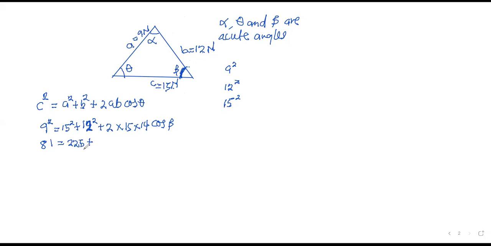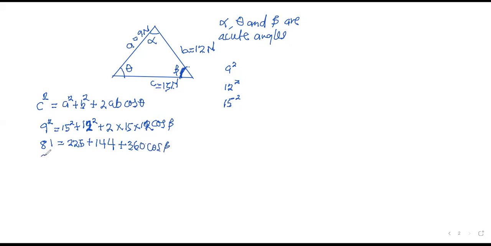So 225 plus 144, plus 30 times 12. What is 30 times 12? 360. Okay, so 360 cos of beta.